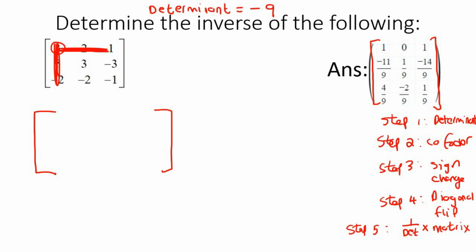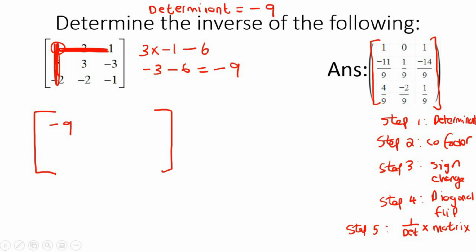Okay, so that's going to be 3 multiplied by -1, take away. So I'm just doing 3 multiplied by -1, take away, and then -3 multiplied by -2, which is +6. Okay, so that's going to be -3 take away 6, which is -9. So I put a little -9 there.